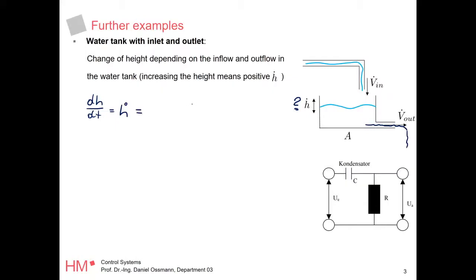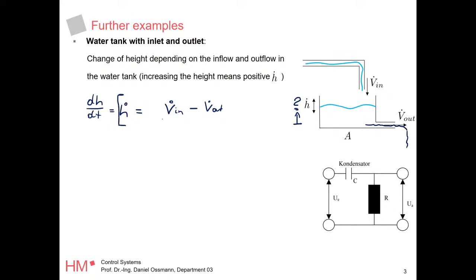So obviously we know there's an inflow, and we're going to define this one as positive up. So if the height is increasing, we say it's going to be positive. Then there needs to be a sign, because if we lose some water, it's going to decrease. So is this everything?